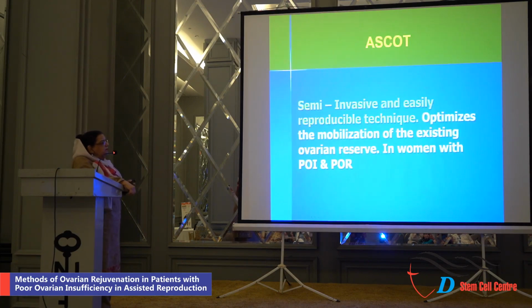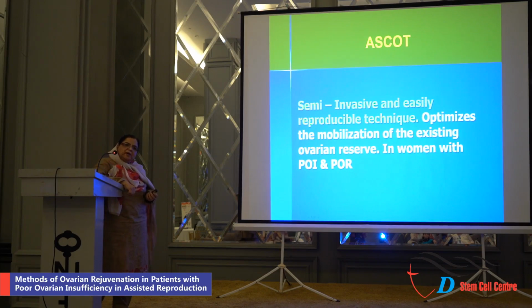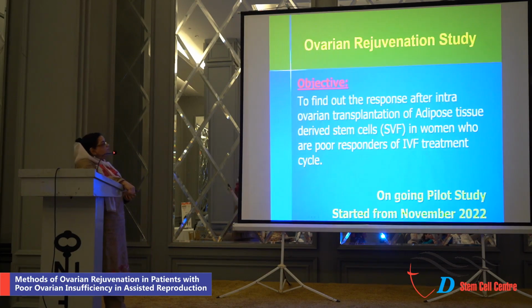So it is a semi-invasive and easily reproducible method, and it optimizes the mobilization of existing ovarian reserve. So the stem cells can be mobilized and injected. Ovarian reserve markers, even pregnancy, cycle regularity, and increased estrogen level you can get.